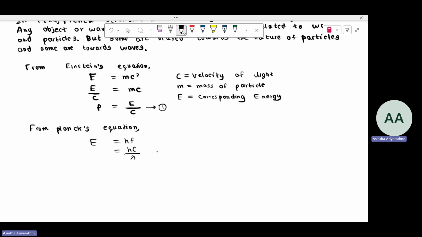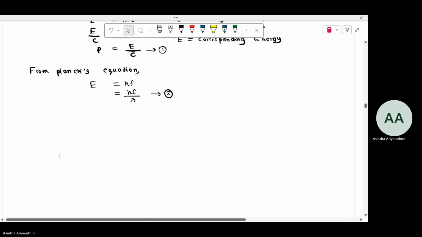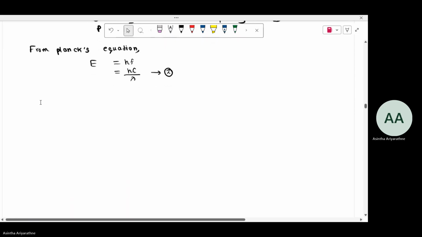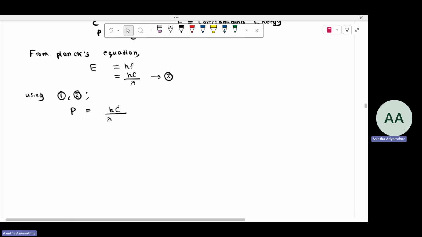Combining the first and second equations, p is equal to hc over lambda into c, so c gets cancelled out.